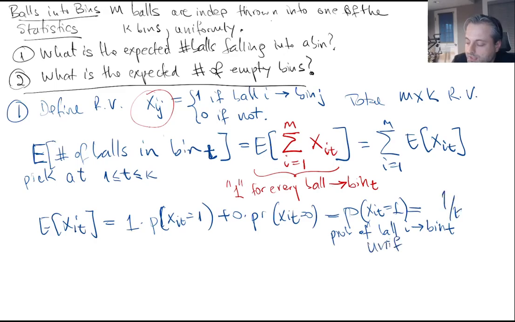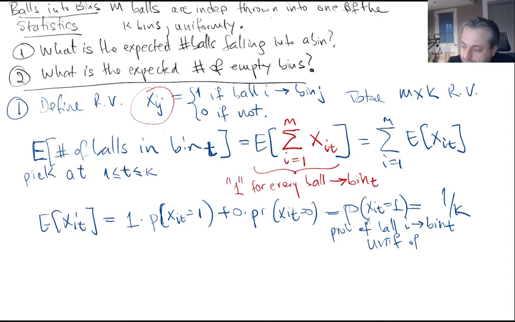So it's 1 over k, because ball i has an equal chance of going to all the bins. There are k bins, uniform over k bins. So it's 1 over k. Going back to this equation, it's simply m times 1 over k.